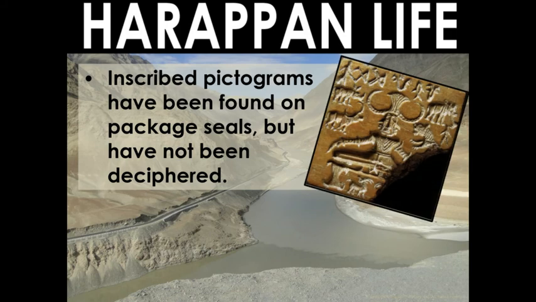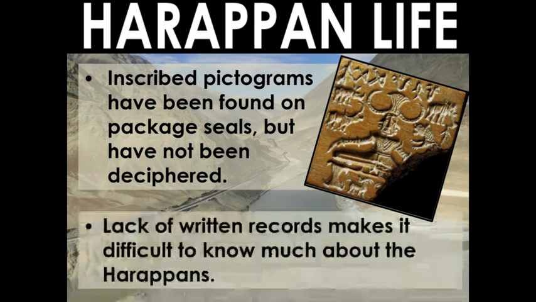Here's an example of some of their pictograms. We see this very famous one here with a king, the legs crossed. There's a tiger on one side, and the bison on the left there, I guess. And he seems to be controlling these animals. Lack of written records makes it difficult to know much about the Harappans, and we cannot decode theirs.